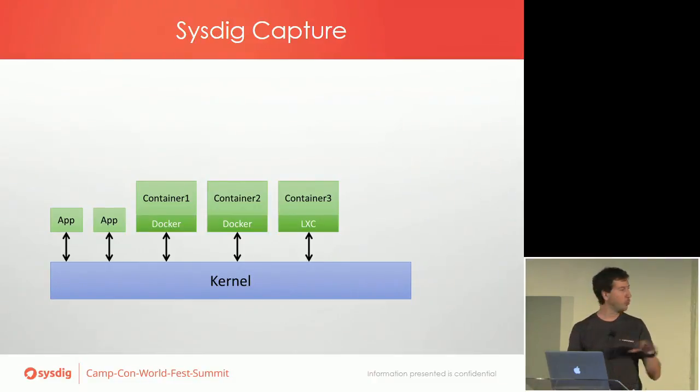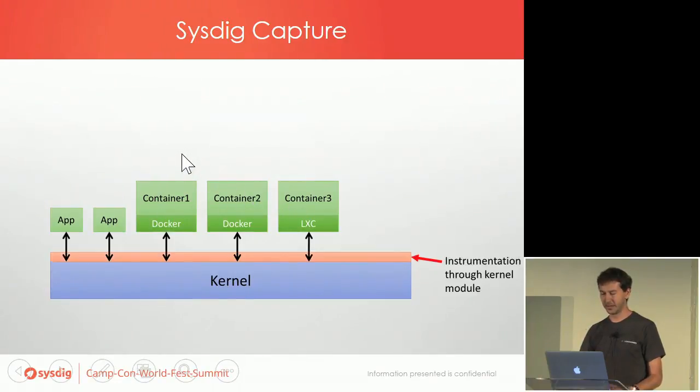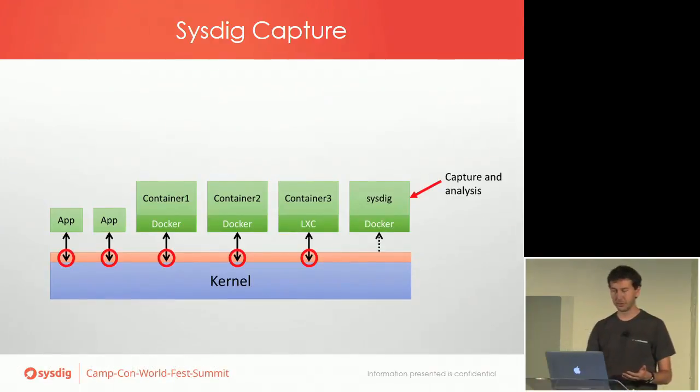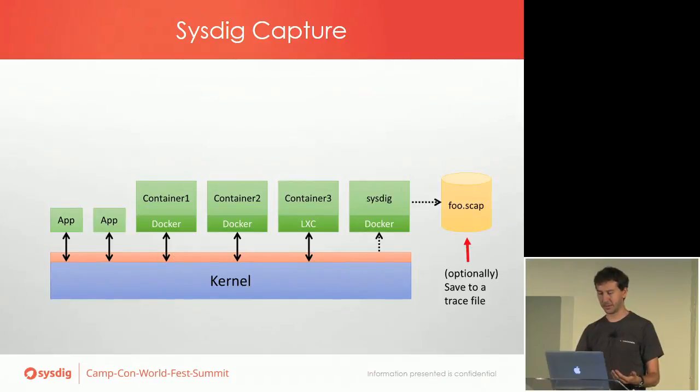Luca showed these diagrams this morning as well. This is the basic Sysdig capture diagram. We have a kernel, we have a bunch of processes on it, we have processes that can sit inside containers, and it doesn't matter. Sysdig is able, through the kernel module, to capture the system calls and system events, and then consume them and create a stream.